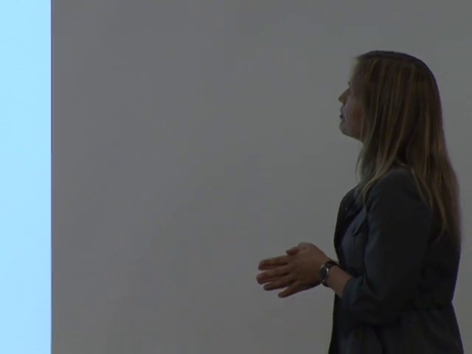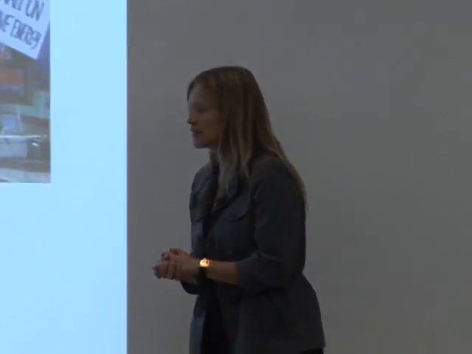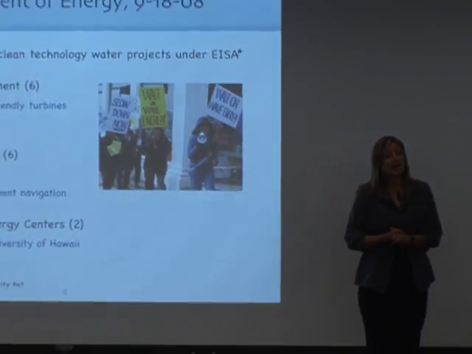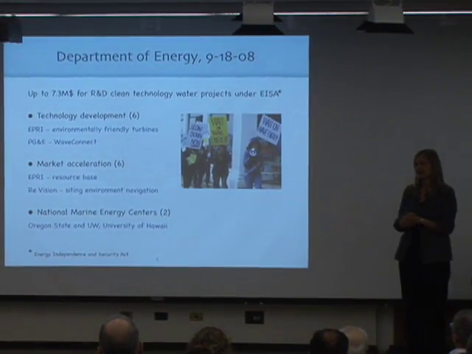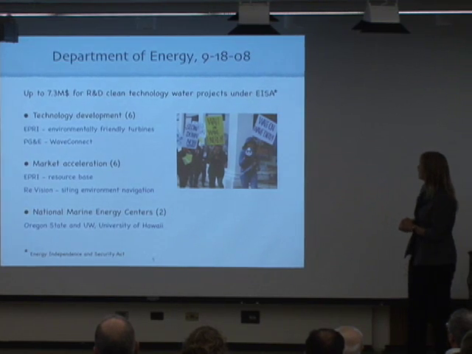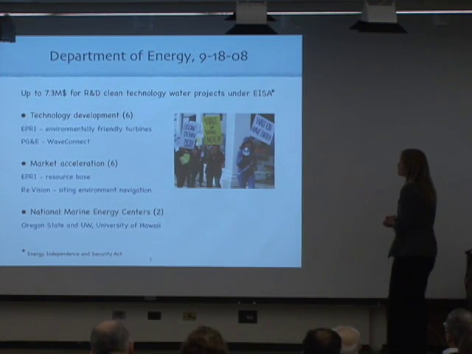One of the things I wanted to point out is that in September, the Department of Energy, under EISA, which is the Energy Independence and Security Act, actually allocated some money. This is almost the first for the US to go into this type of development. $7.3 million.